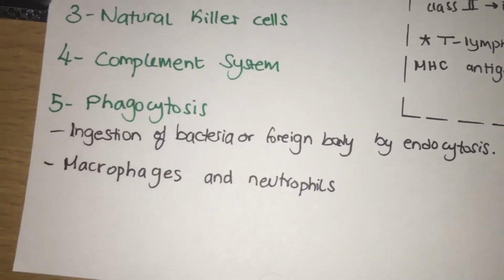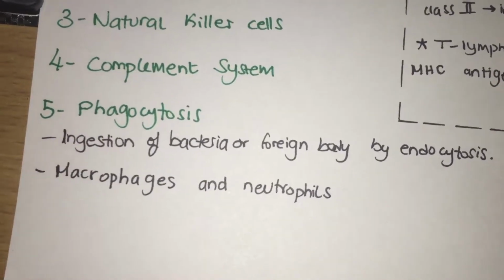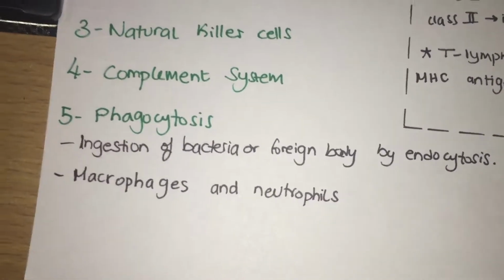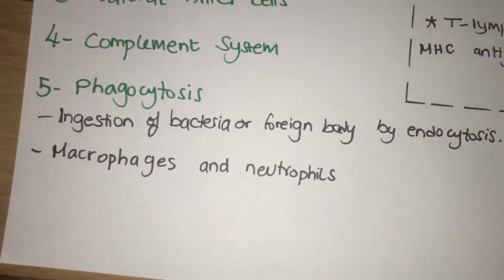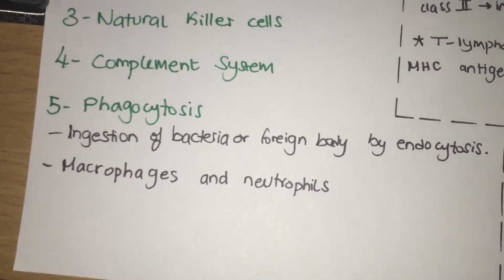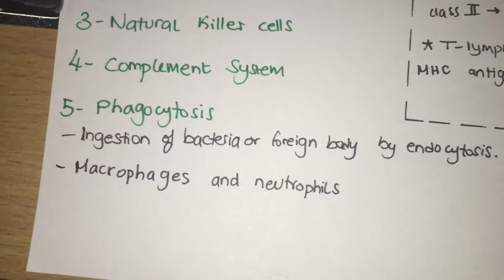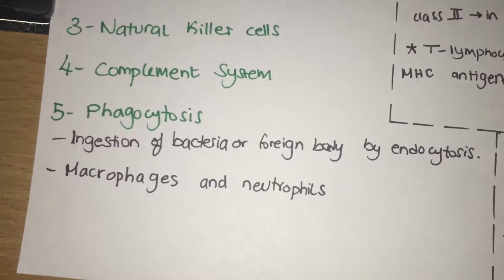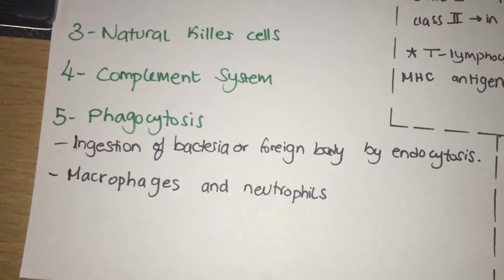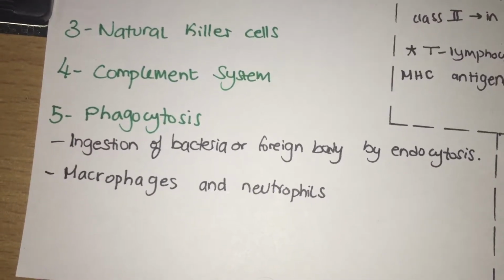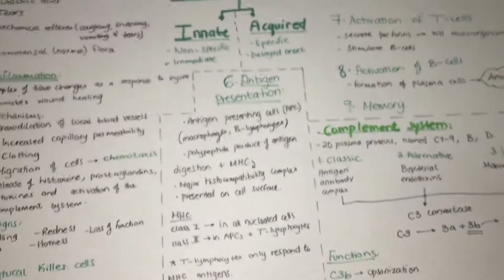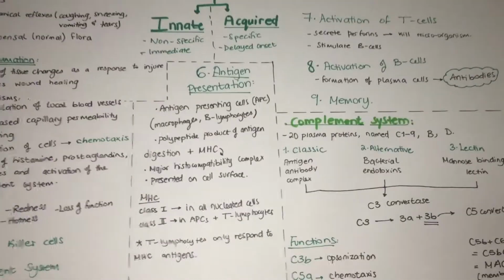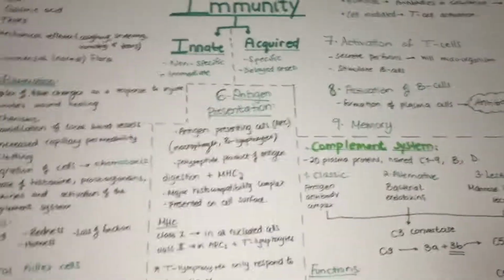After that happens, the vesicle gets fused with digestive enzymes which digest and destroy the bacteria or foreign body completely, and that way we got rid of the foreign body. Okay, so up until the point where we digest the bacteria by phagocytosis, we call this innate immunity.